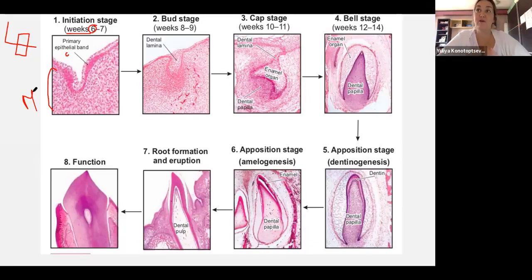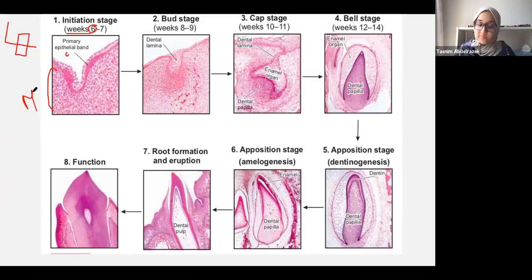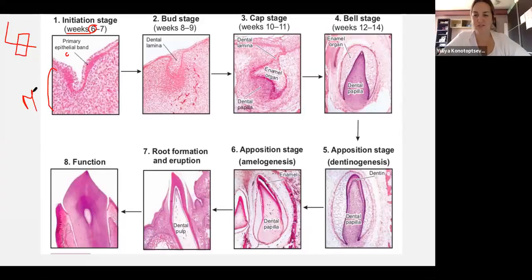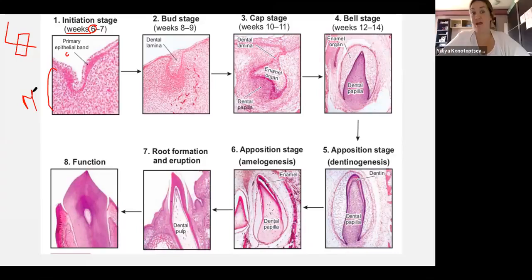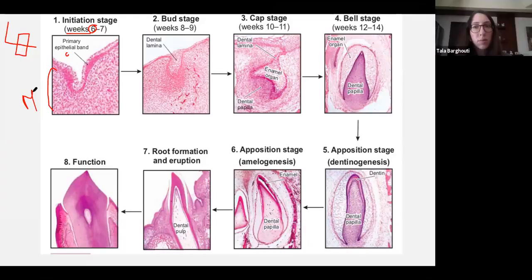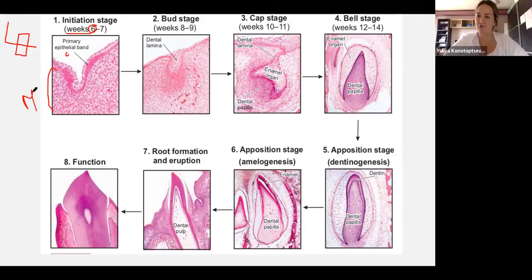Which bones arise through endochondral ossification? Give me an example. Come on, Tasnim. I know you want to say something. Say it. It doesn't matter. Long bones. Very good. Long bones, irregular bones, basically anything that isn't in your head. Everything down, basically.